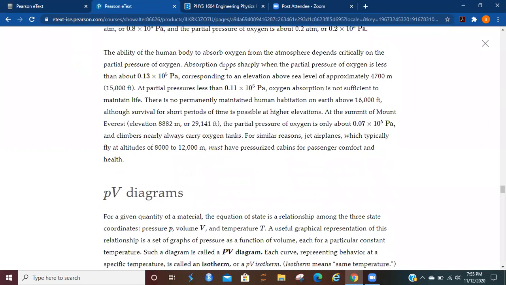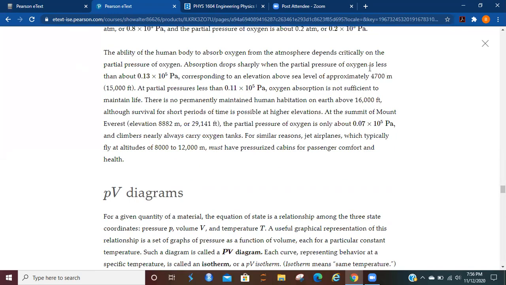The ability of the human body to absorb oxygen depends on that particular pressure. When you start to drop that pressure, say to 0.13, then the absorption starts to drop pretty sharply when you get to that point and lower.